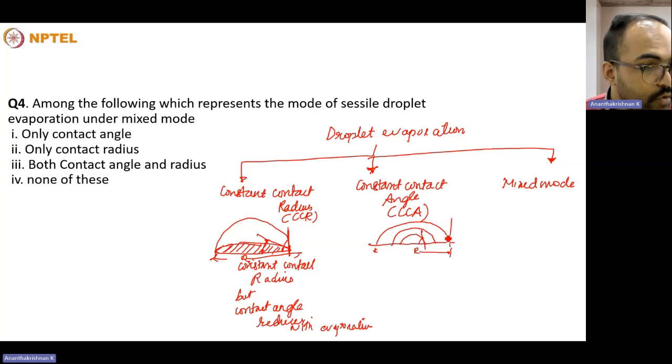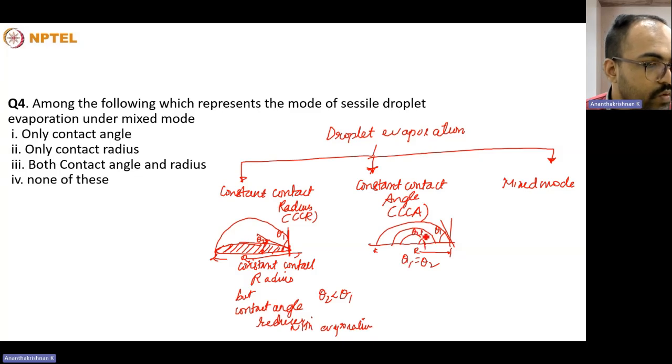In order to maintain the same contact angle, this is theta 1, theta 1, theta 2. Here theta 1 equals theta 2.